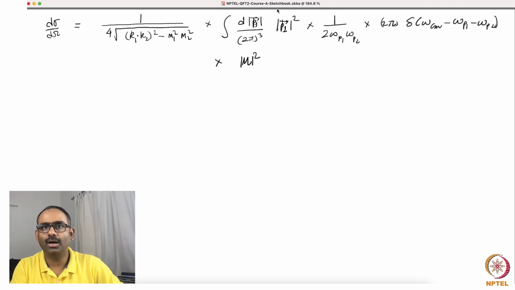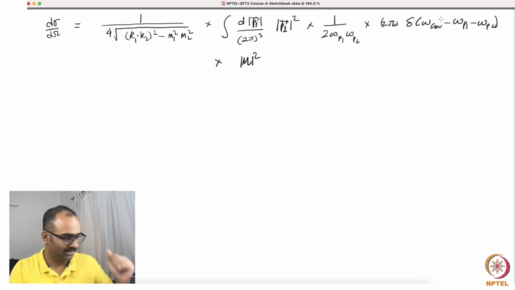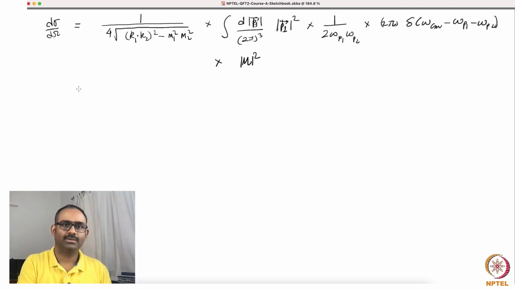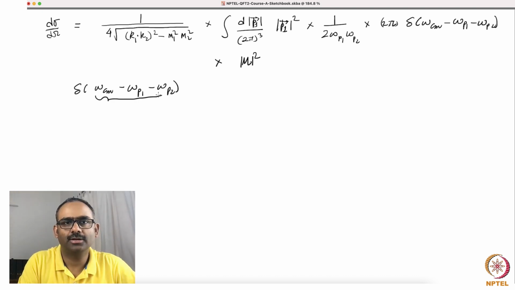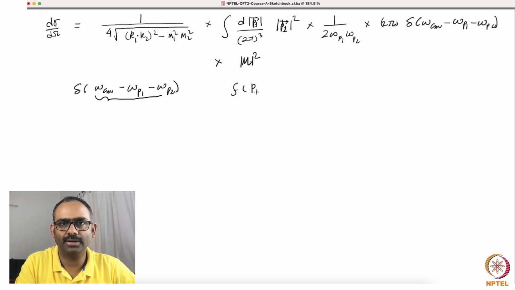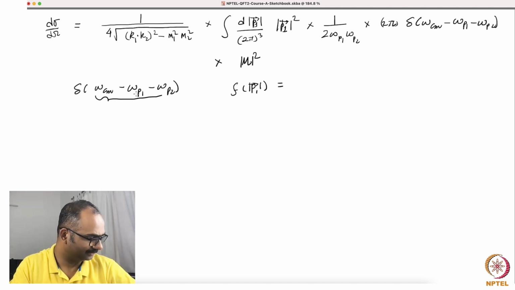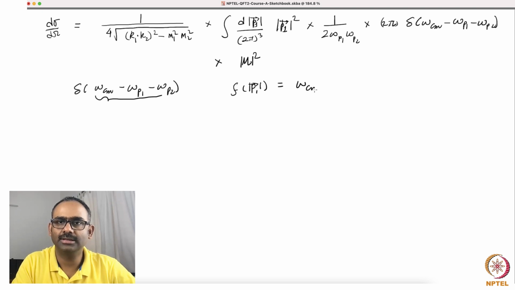Now we have to do the integral, and for that I will utilize this delta function. I should find out the measure it provides. That's easy. You take delta of omega center of mass minus omega p1 minus omega p2, take this argument and define it to be f of p1. What is f of p1? It is omega cm minus omega p1 minus omega p2.